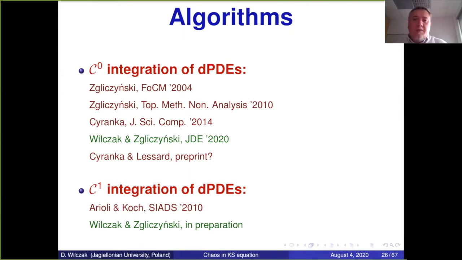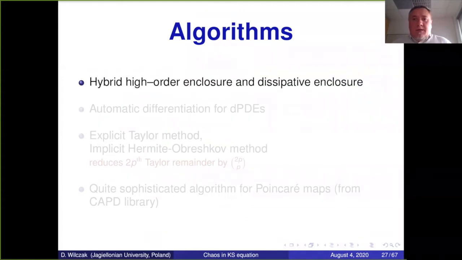I'm going to start with this C0 integration. The algorithm consists of several steps. First, we have to check that the solutions exist over a time step. So for this purpose, we need some hybrid high-order enclosure and dissipative enclosure. We are using here, heavily, the dissipation of the system.